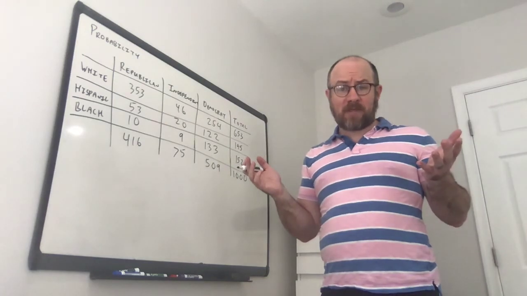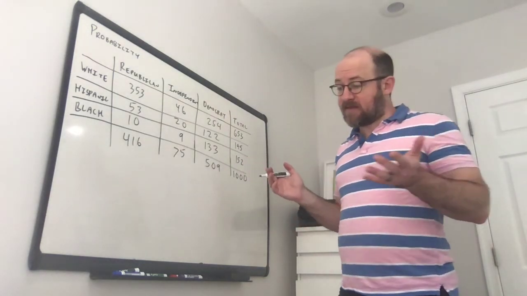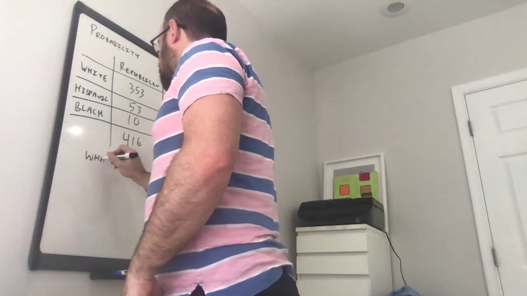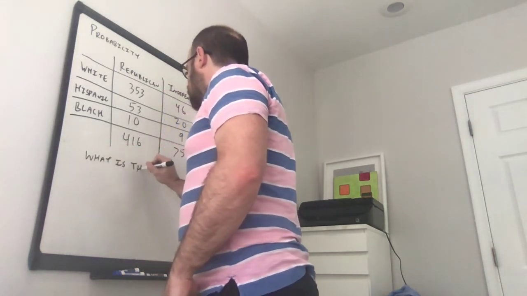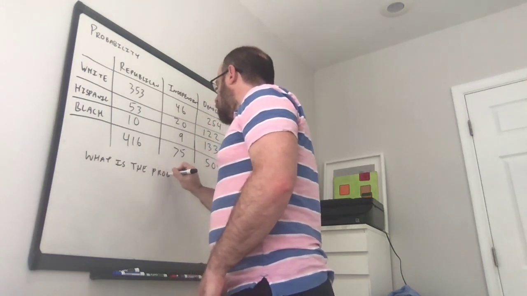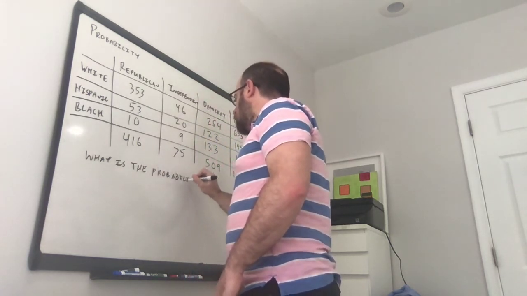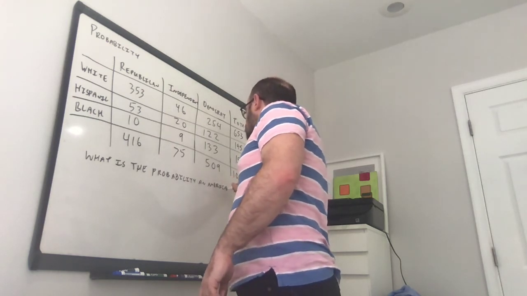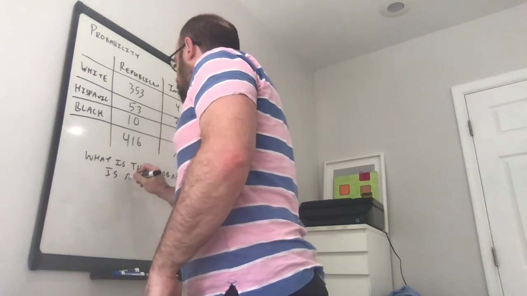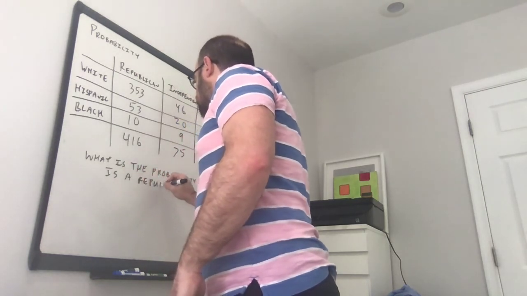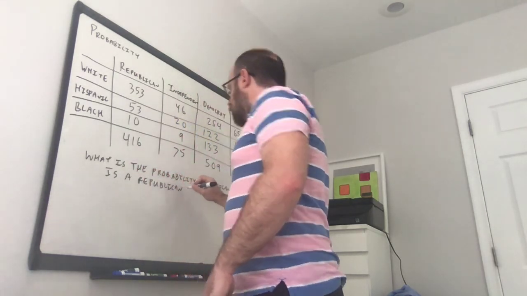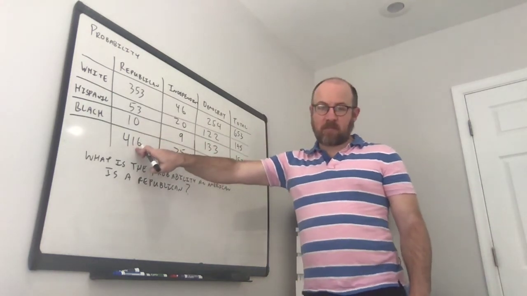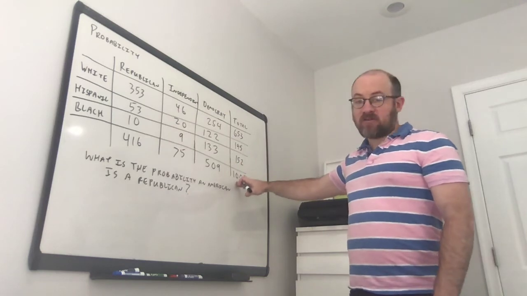You can read probabilities off of something like this. So for example, if somebody asked you, what is the probability an American is a Republican, that probability would be: there are 416 Republicans here out of 1,000 total.